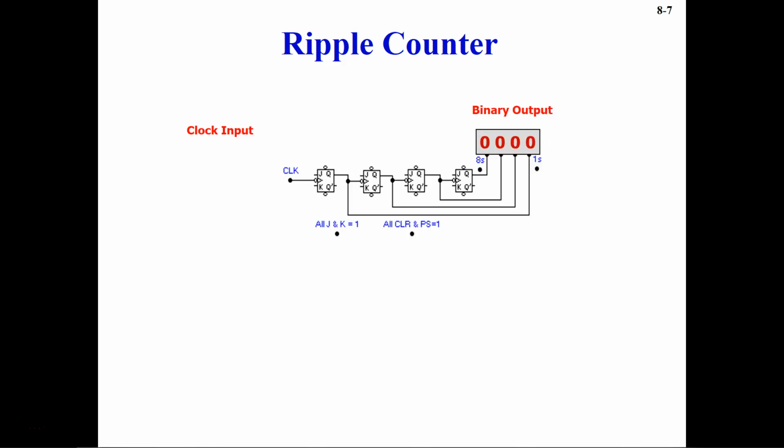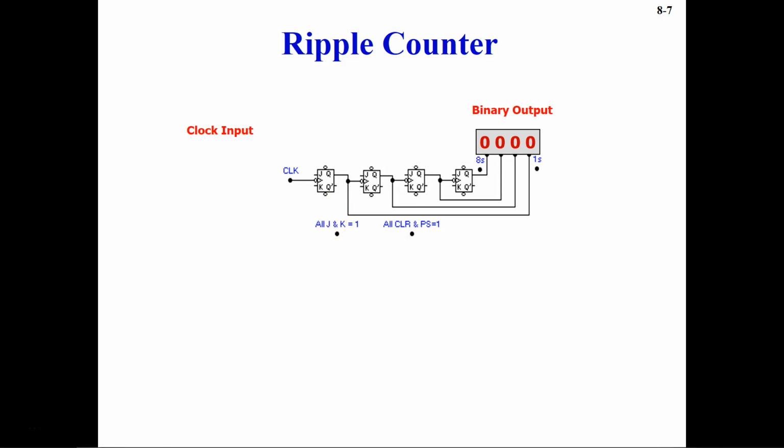Now let's see our first counter, which is a ripple counter. This ripple counter is 4-bit and uses 4 flip-flops, and we have used JK flip-flops. A JK flip-flop has 4 different states, but for counter application we'll be using the toggle state.